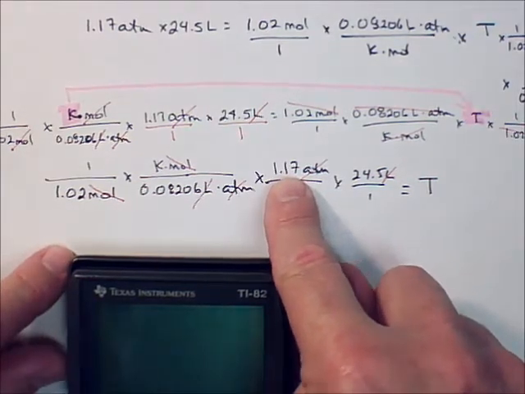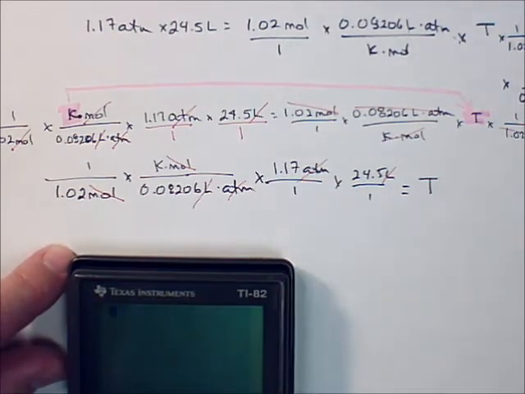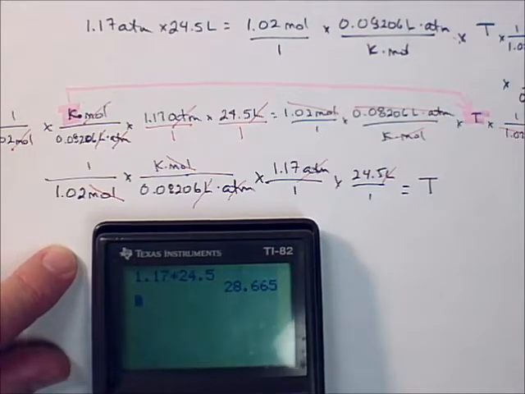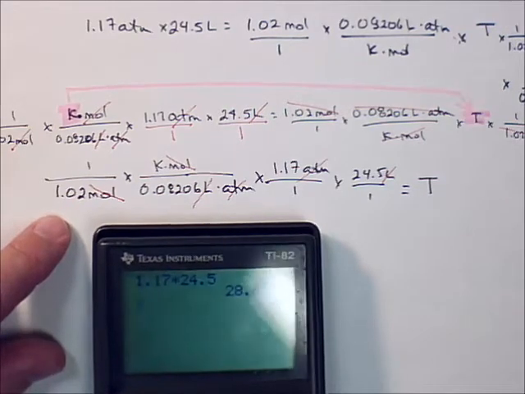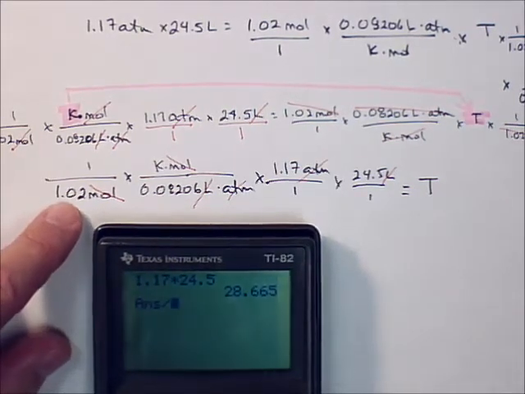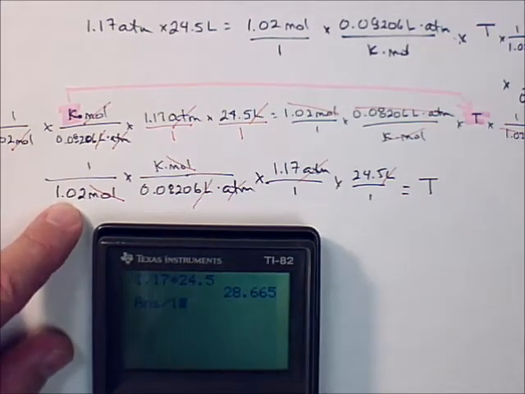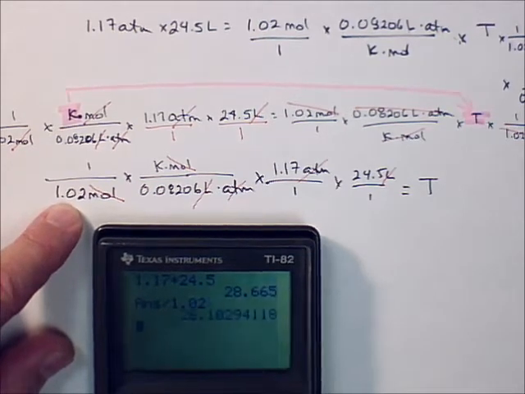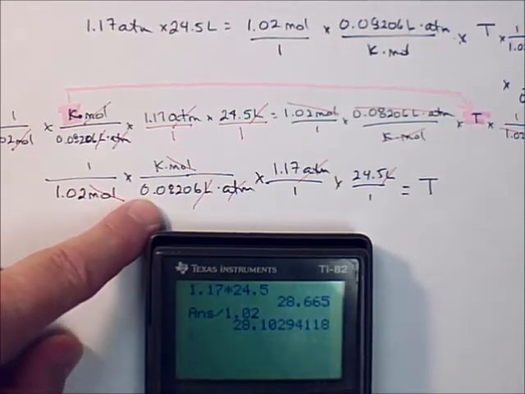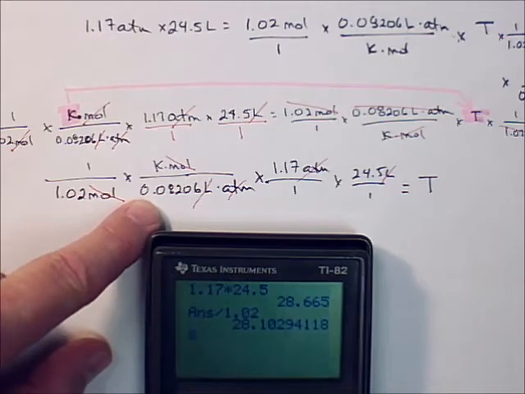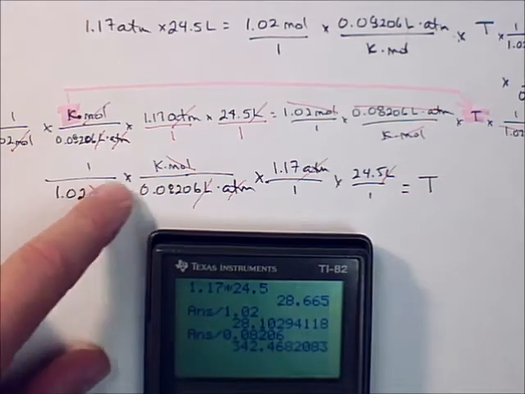So we take 1.17 times 24.5, and hit enter to get a kind of big number here. Then we divide by the first number in this bottom series, 1.02, and hit enter. Then we divide by the second number in this bottom series, 0.08206, enter.